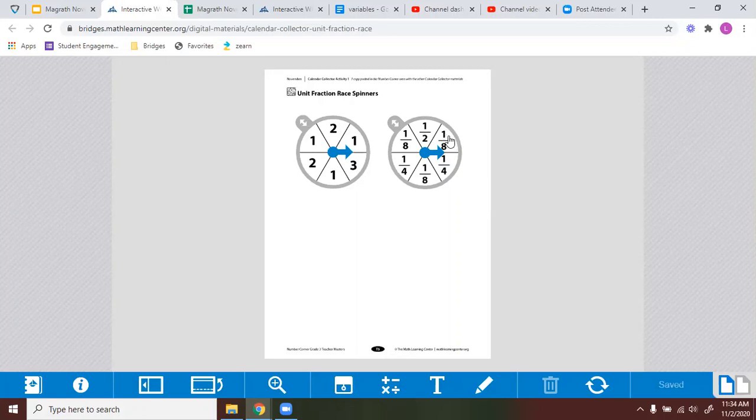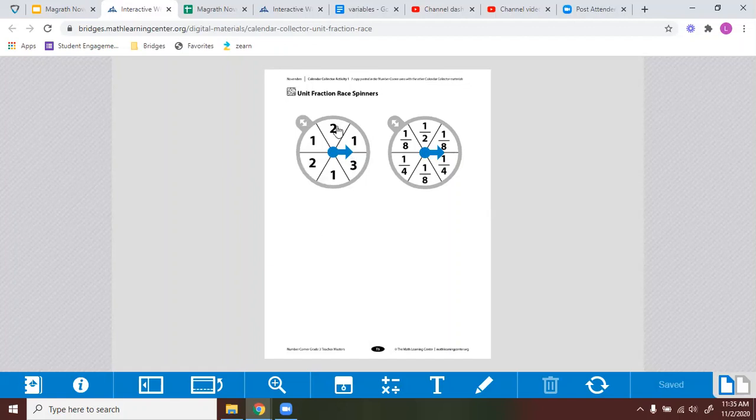And I might still get 1 of the pieces out of all 8. So the 1 represents how many, and the bottom number, the denominator, represents the parts that make up the whole. This 2 means that 2 pieces make up the whole, or in this one, there's 8 pieces that make up the whole.